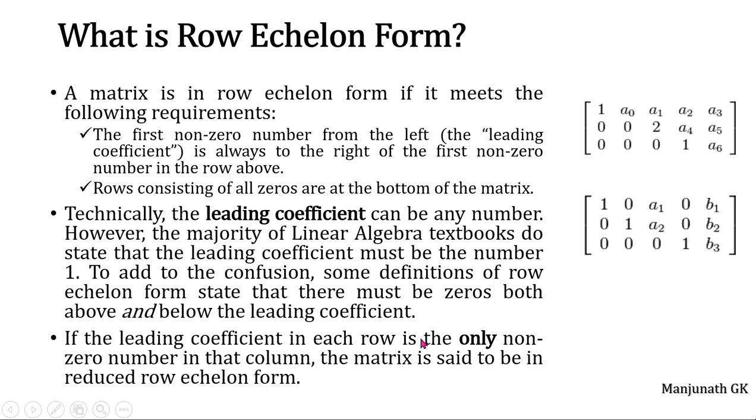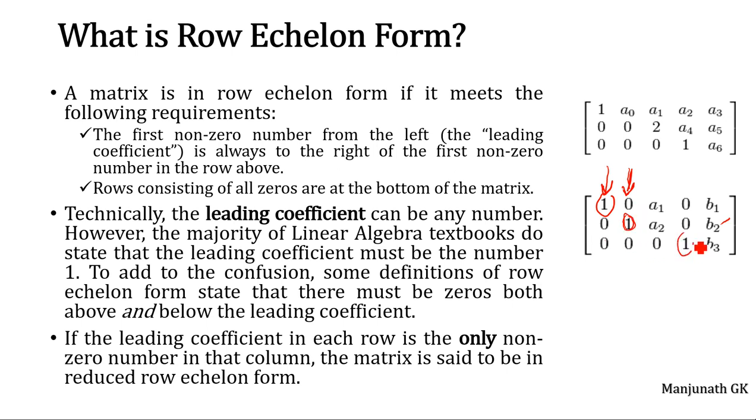Along with these three conditions, there is one more condition. What is that? If the leading coefficient in each row is the only non-zero number in that column: here the leading coefficient of this row, 1, is the only element in column number 1. This one is the leading element in the second row, and also the only non-zero element in column number 2.